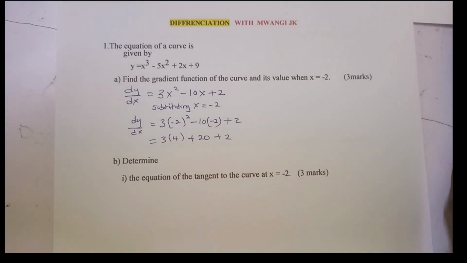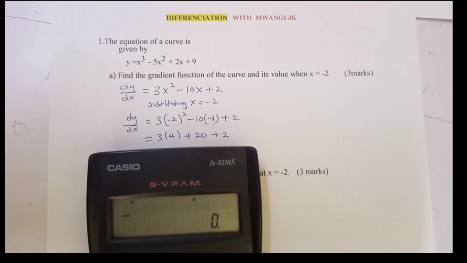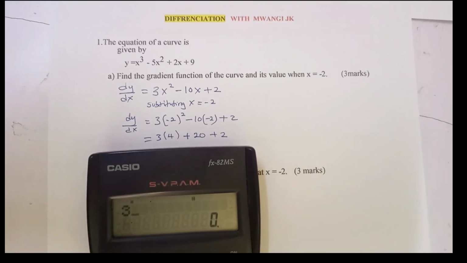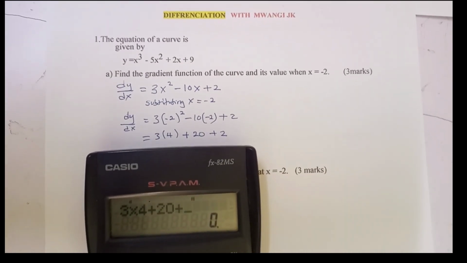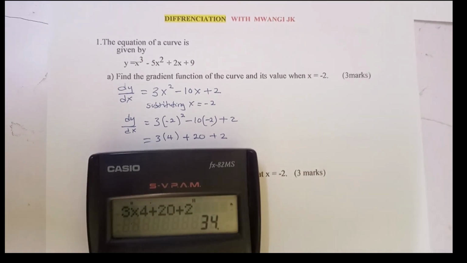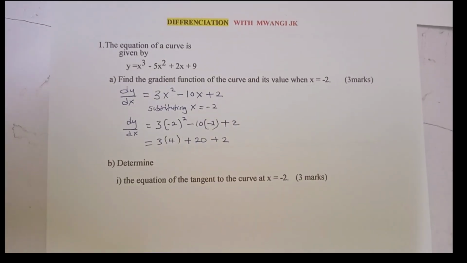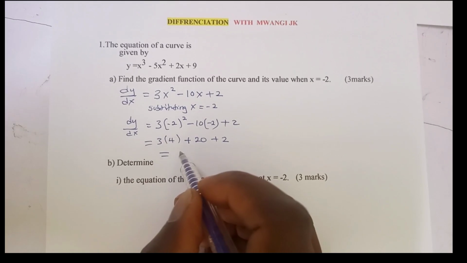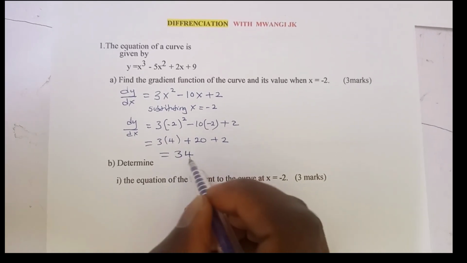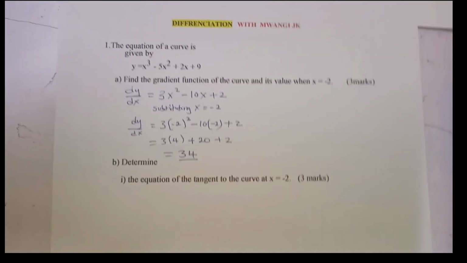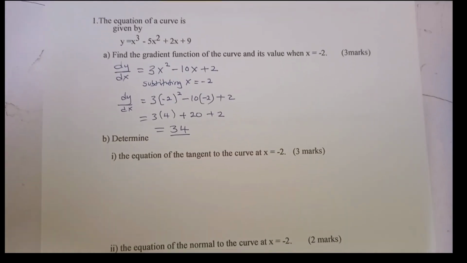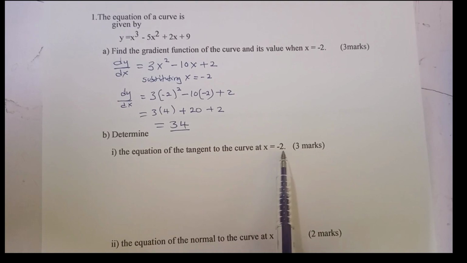So 3 by 4, plus 20, plus 2, we get the answer to be 34. So we have applied the gradient function, or the way how to differentiate, to find that.